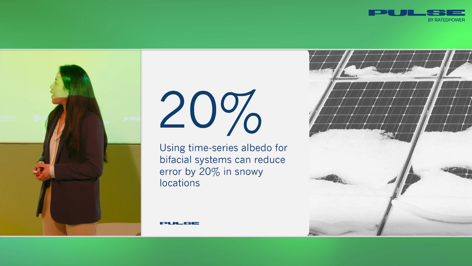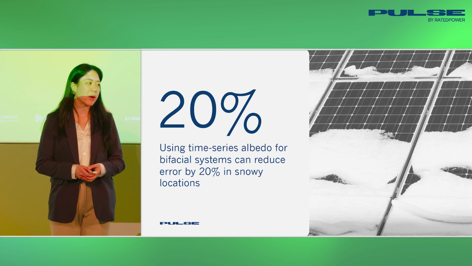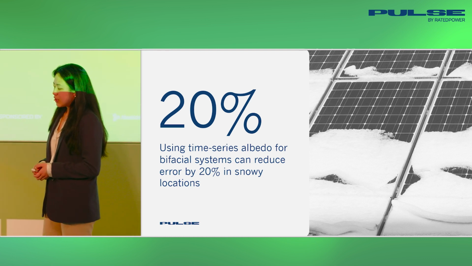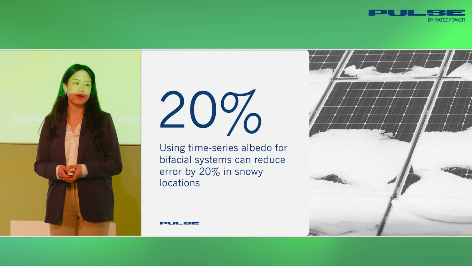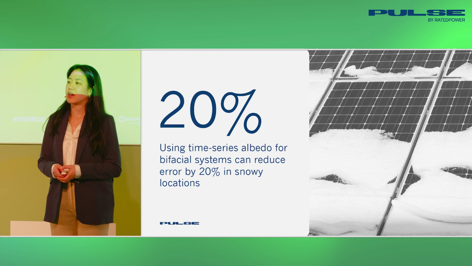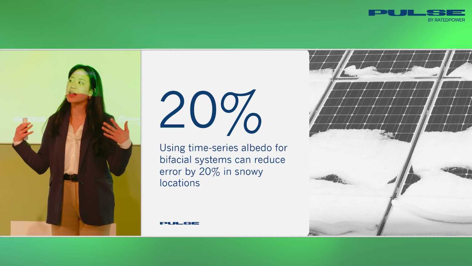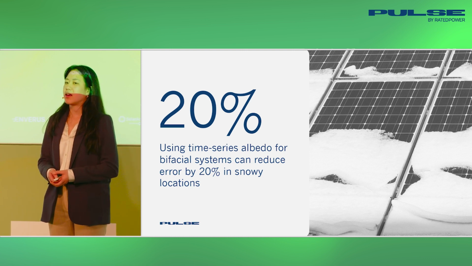Another trend we've found is that in the last couple of years, bifacial panels have become more popular. They've become a lot cheaper. And especially for technologies like bifacial, albedo becomes more important. How accurate is that? Are you getting the granularity and update of your albedo over time to properly model it?